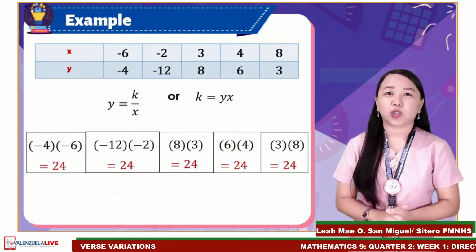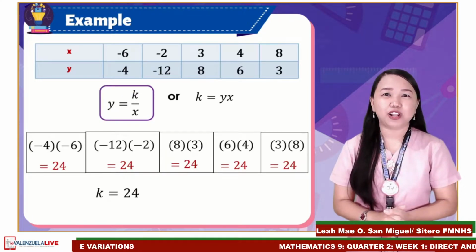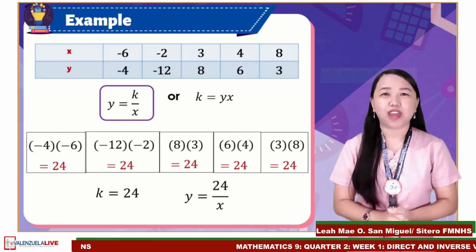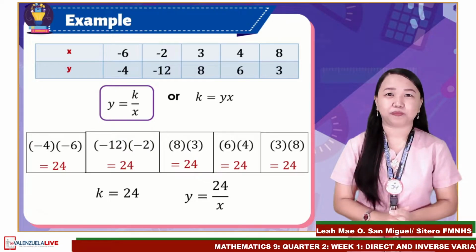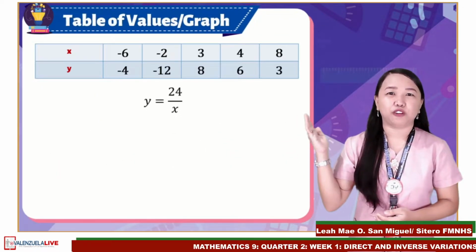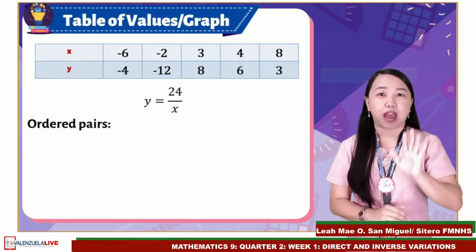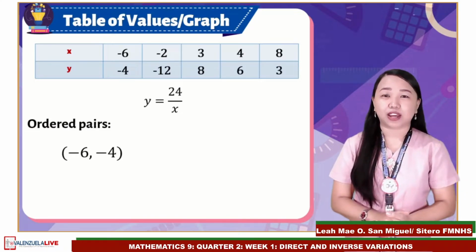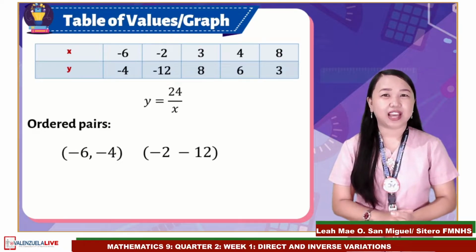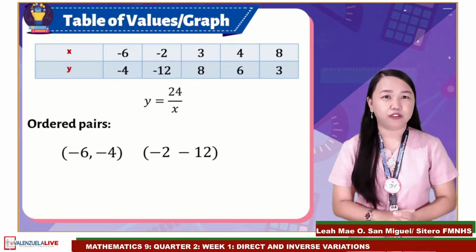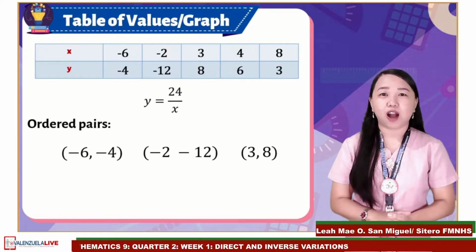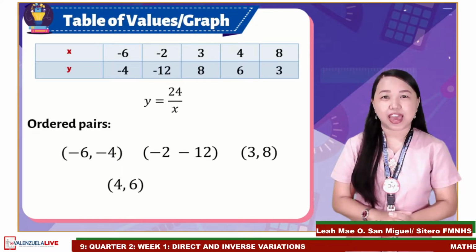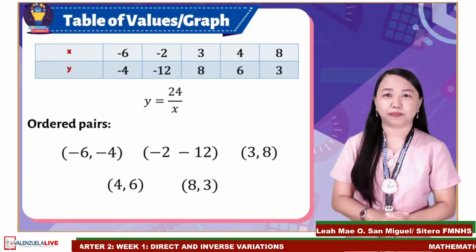Therefore, the equation that represents the table of values is y is equal to 24 over x. Out of this table of values, we have 5 ordered pairs: (-6, -4), (-2, -12), (3, 8), (4, 6), and (8, 3).